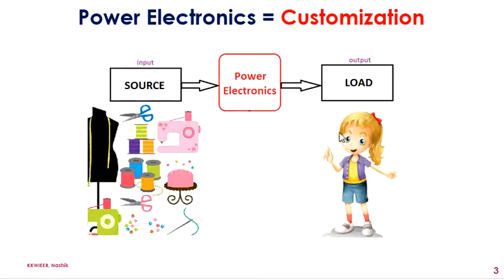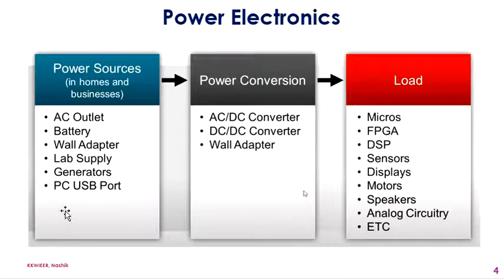So in this case, this source can be an AC outlet, battery, wall adapter, lab supply, generators, etc. So these are the power sources in homes and business applications, and the load may be sensors, DSP, micros, displays, motors, speakers, etc. So what will a power electronics device do?